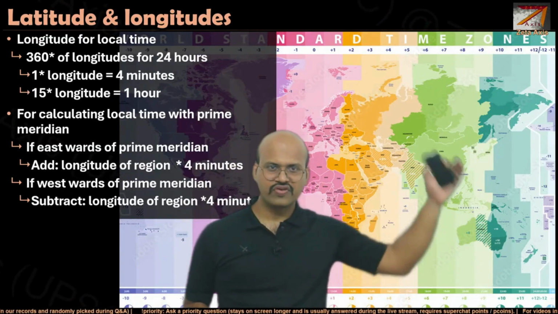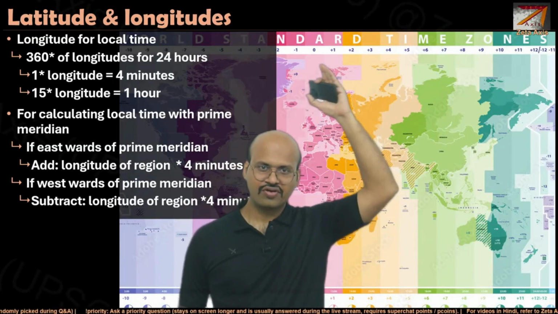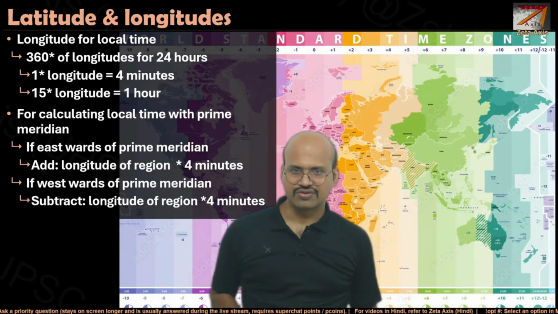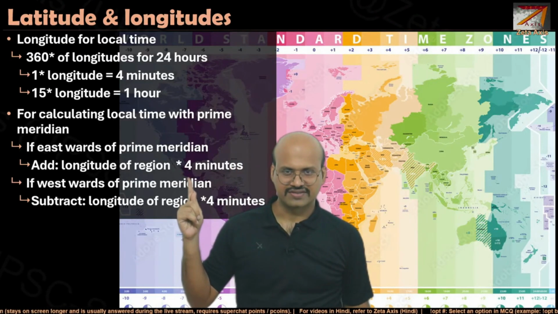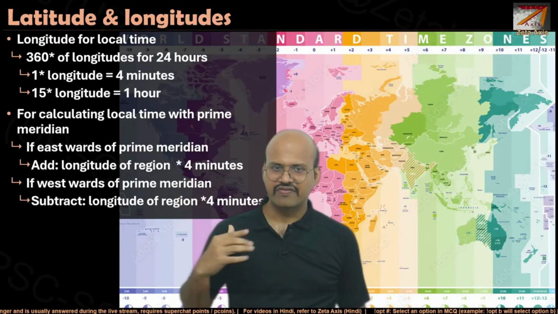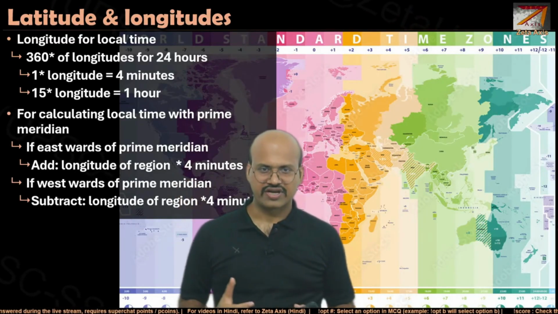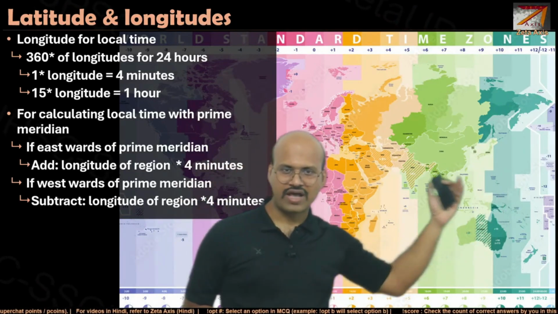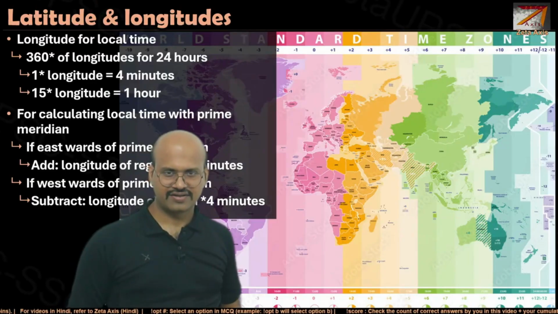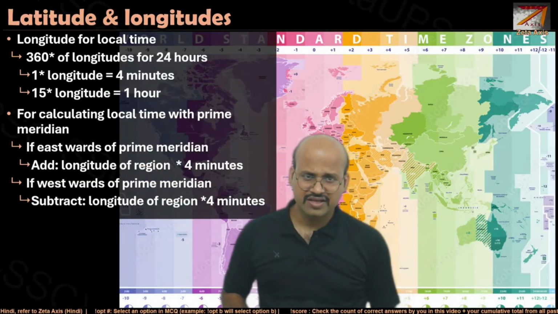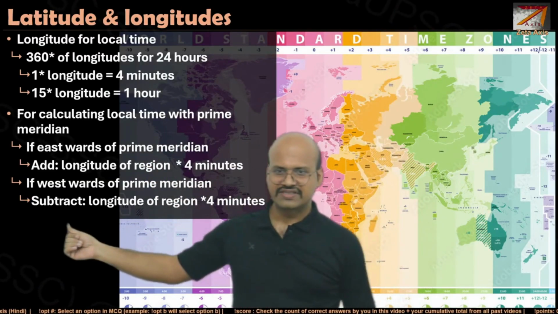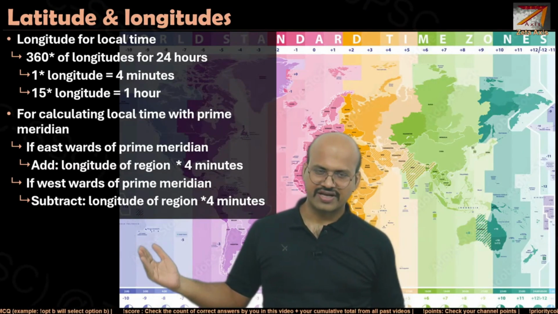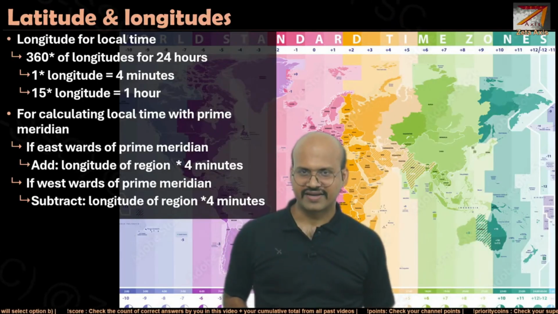You will take the longitudes you are away from this 0, and for each degree you will multiply 4 minutes and then add it to the time of London. That will be your time. This region will be ahead of London while this region will be behind London. Similarly, if you are on this side, then you need to subtract the time. If you are moving on this side, then you need to add that time.